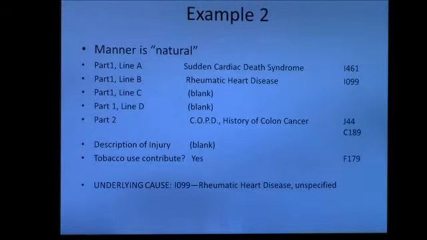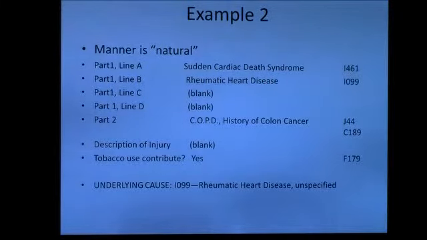In our second example, manner is natural. On line A and B we have sudden cardiac death syndrome, I46.1, and rheumatic heart disease, I09.9. In part 2, COPD, chronic obstructive pulmonary disease, is noted, and so is a history of colon cancer.